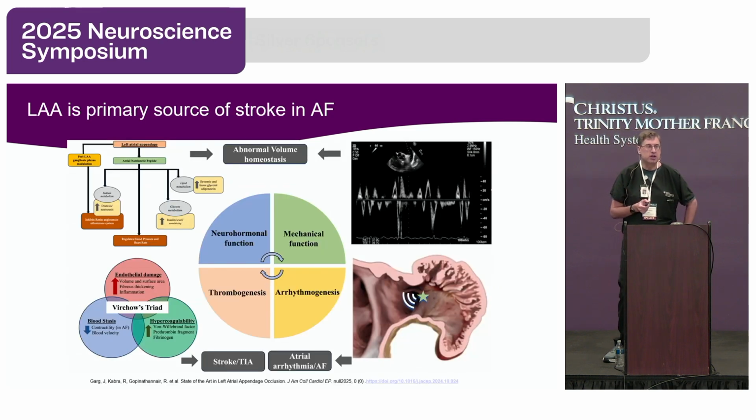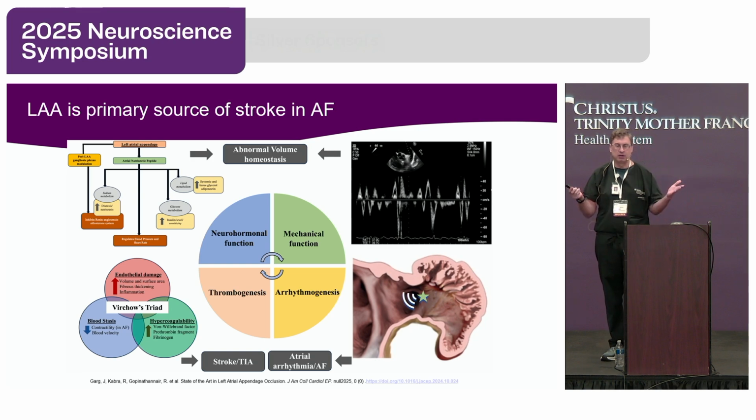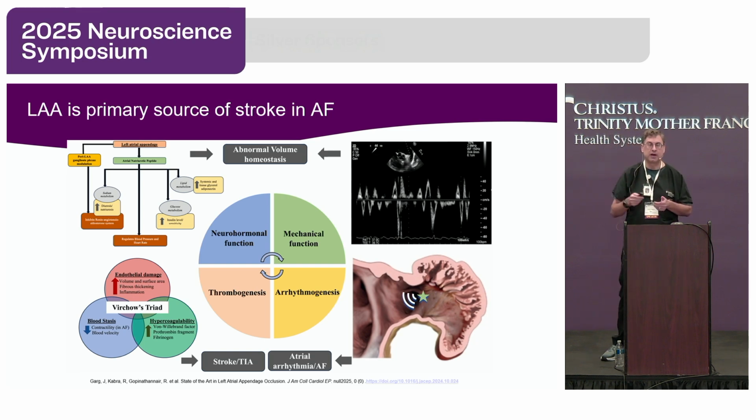So in general, we all have a left atrial appendage. It's unique to each and every one of us. When you're in sinus rhythm, it's kind of a benign structure. It does play a role in volume homeostasis. It secretes atrial natriuretic peptide, which helps to diurese. It's also involved in lipid and glucose metabolism.